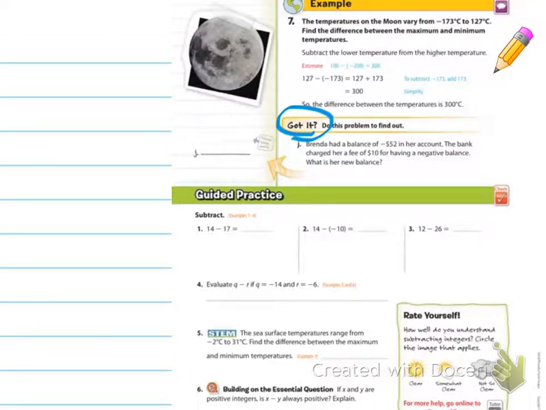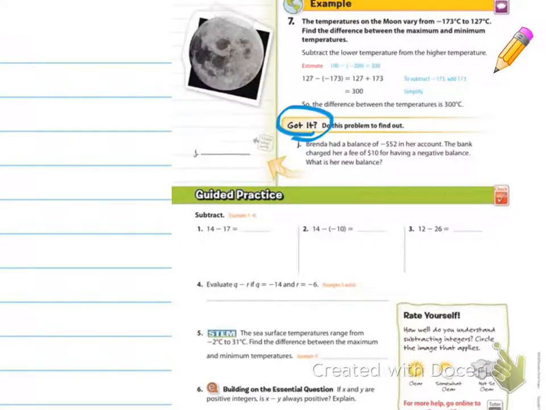So you have 127, that's the greater absolute value, minus negative 173. Or actually not greatest absolute value, the positive number 127 is greater than the negative number 173.